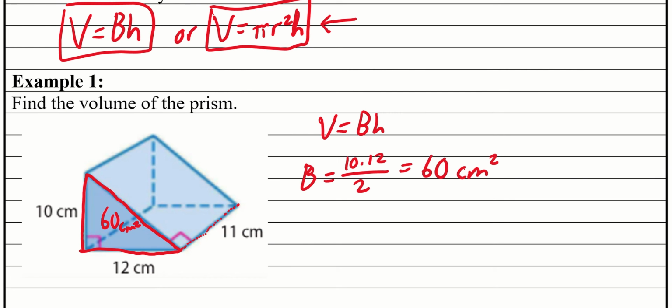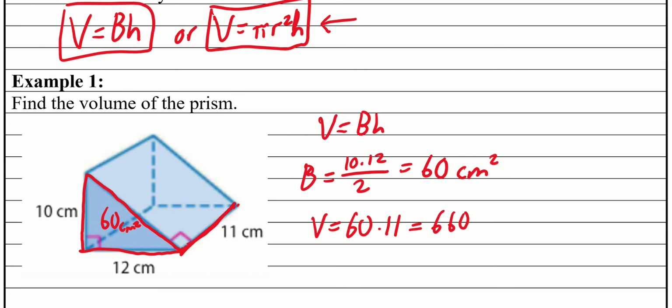Okay, and then if I start stacking that, I'm just going to stack it on top of itself until it gets up to my height, which is 11 centimeters here. So volume is going to equal the area of the base, 60, times the height, which is 11. Okay, and then I could just type this into my calculator if I didn't know. This is good mental math for you, but this is going to be 660.